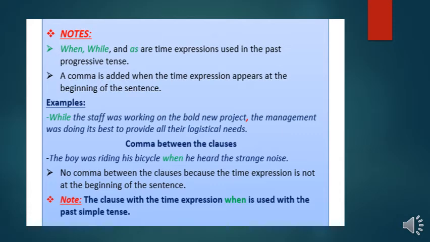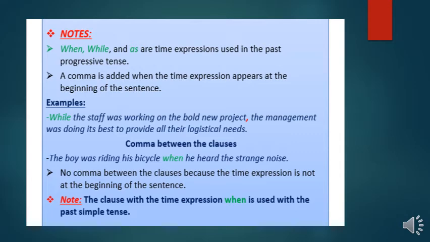Now, there's also another rule for the comma between clauses. The boy was riding the bicycle when he heard the strange noise. No comma between clauses because the time expression is not at the beginning.